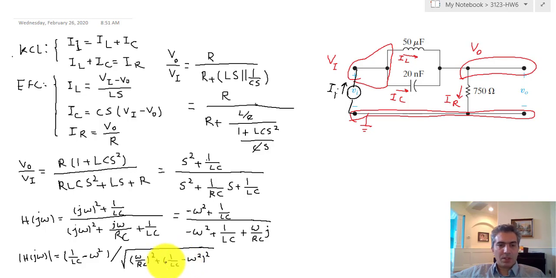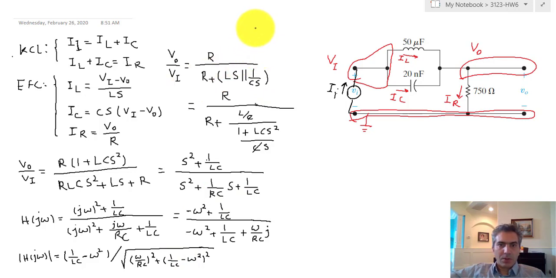And again, that's 1. In other words, at low frequencies the magnitude of H(jω) is 1. At high frequencies the magnitude is 1 again. And in the middle, as you may imagine, this is going to go down and then come back up. So this is basically a band stop filter.